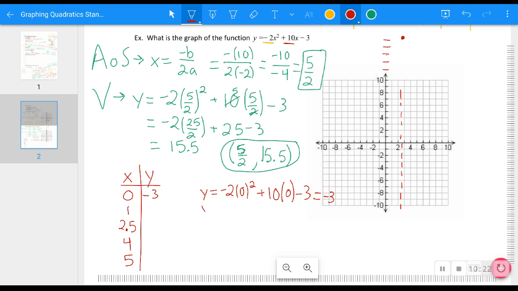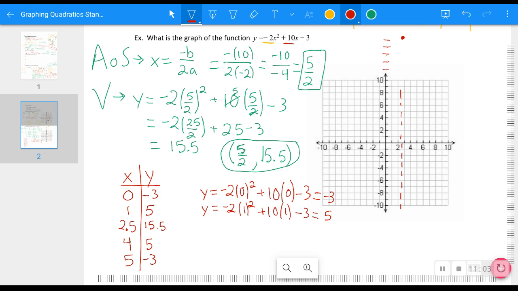If we plug 1 in, we'll get y equals negative 2 times 1 squared plus 10 times 1 minus 3 will leave us with negative 2 plus 10 is positive 8 minus 3 leaves us with 5. 2.5 we figured out was 15.5. And then you guys can type these in your calculator again and plug in 4 and 5, but it should come out to be 5 and negative 3.